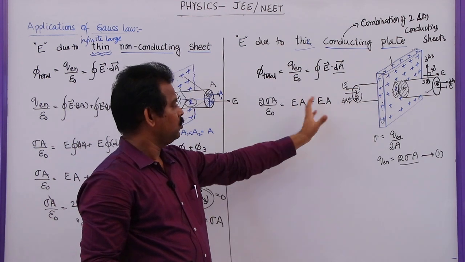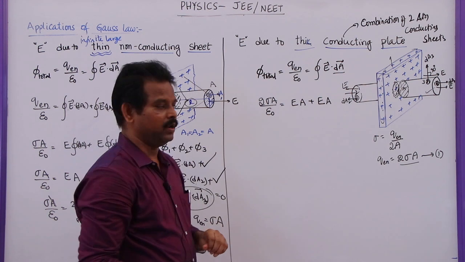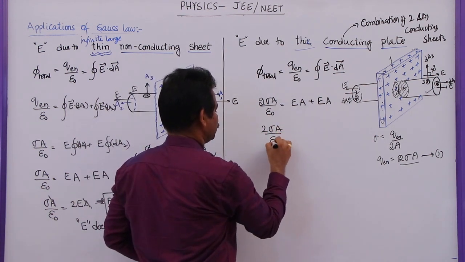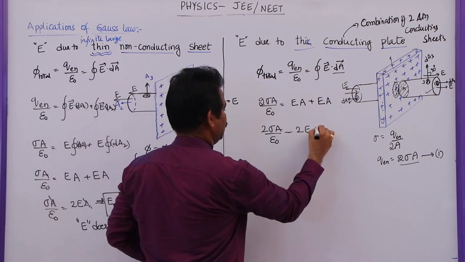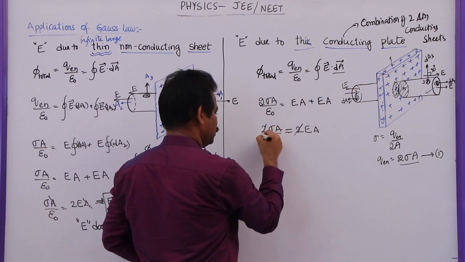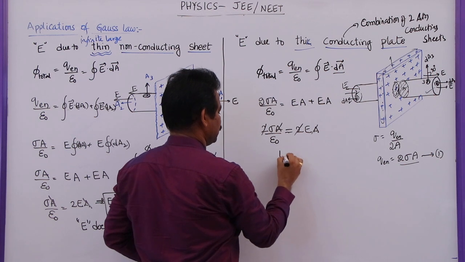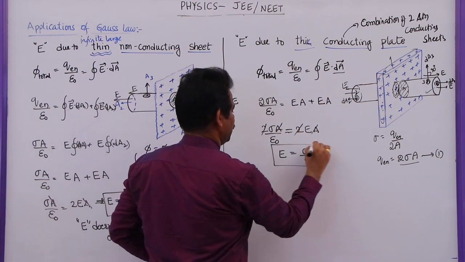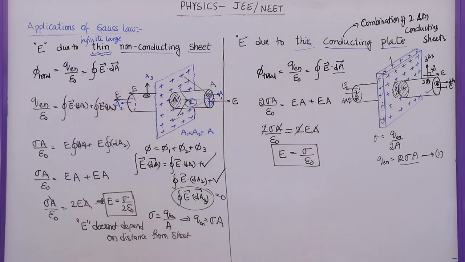So we need to take 2 times electric field into area. Now 2 sigma A by epsilon naught is equal to 2EA. The 2 gets cancelled, A and A cancel. The electric field is sigma by epsilon naught for a thick conducting plate.